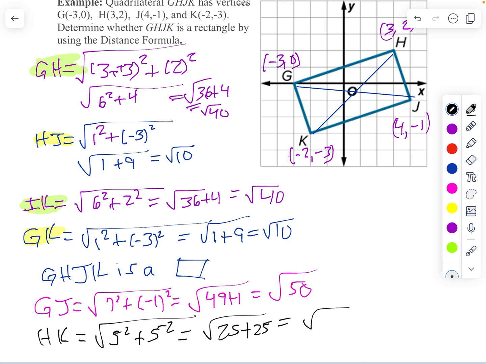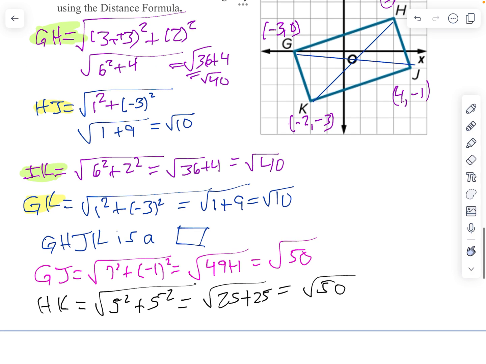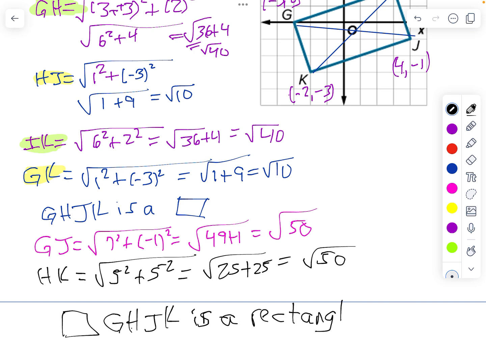Oh, my diagonals are the same length. And I've got a parallelogram. So I've just proved that GHJK is a rectangle, because it's a parallelogram with diagonals that are equal. That's using the distance formula.